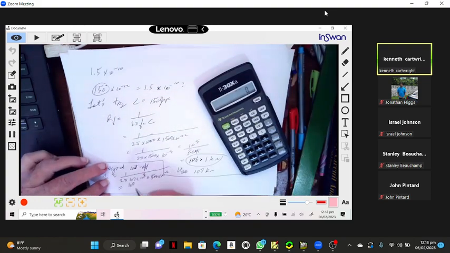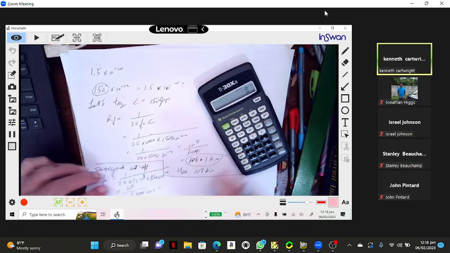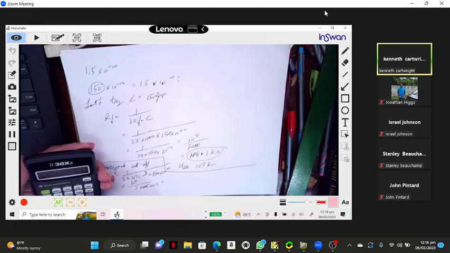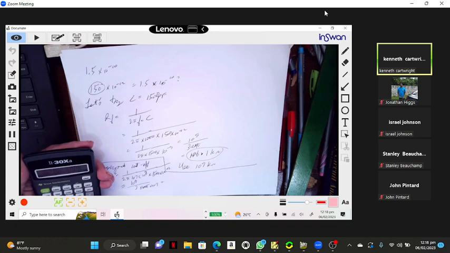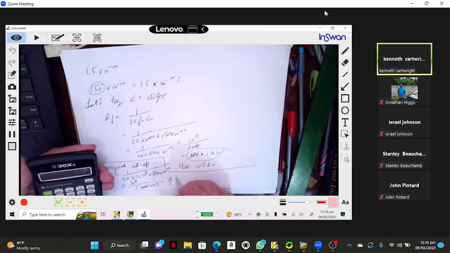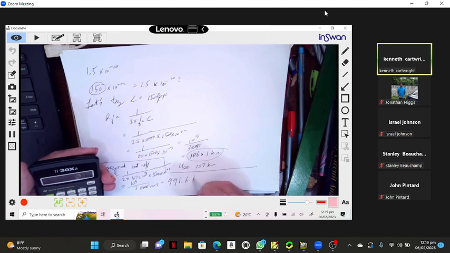That equals 10 to the 9 over 3000 pi times 107. Which is 991.6 hertz.